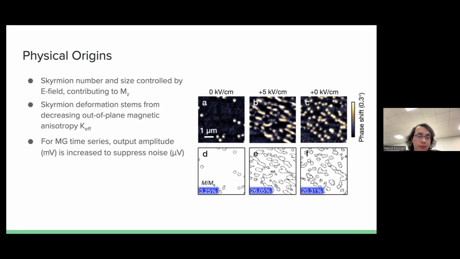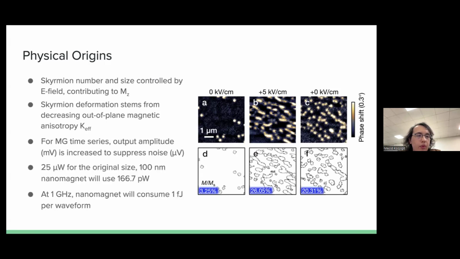And the authors study the cause of this Skyrmion deformation. We can see that this Skyrmion deformation stems from the decreasing out-of-plane magnetic anisotropy.